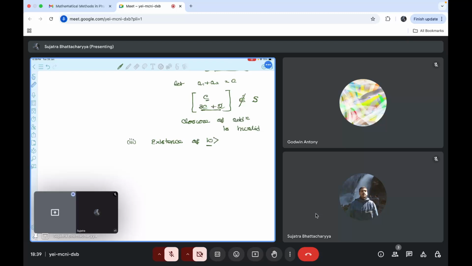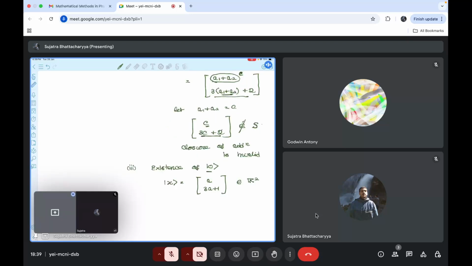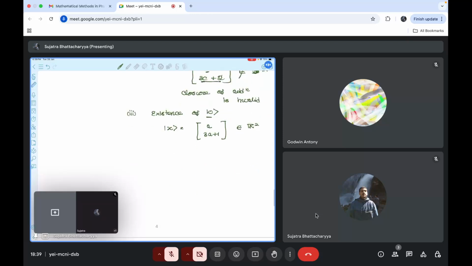So suppose you have vector x, which is having a and 3a plus 1. This is coming from R squared. Fine.